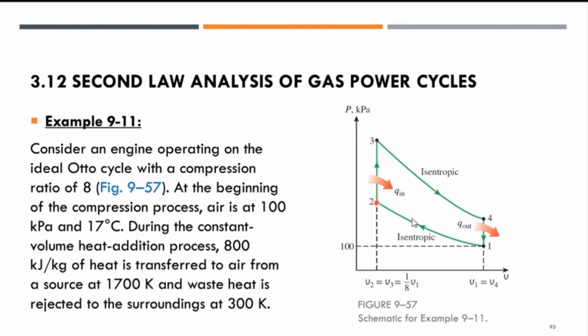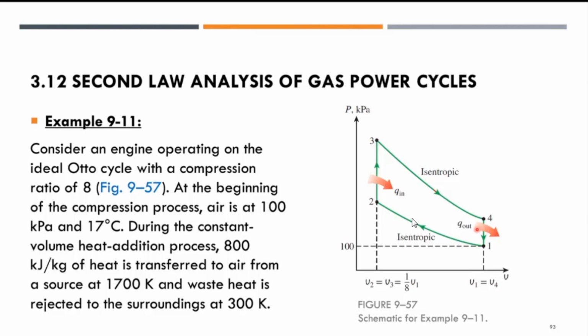During the constant volume heat addition process, from 2 to 3, 800 kilojoule per kilogram of heat is transferred to air from a source of 1700 Kelvin, and waste heat is rejected at 300 Kelvin.